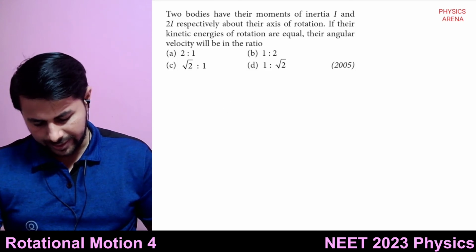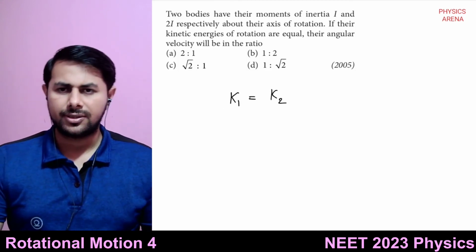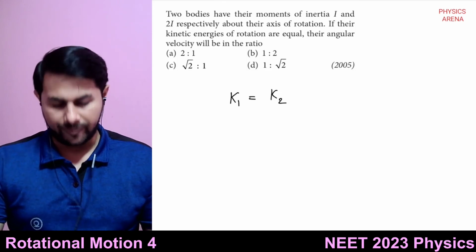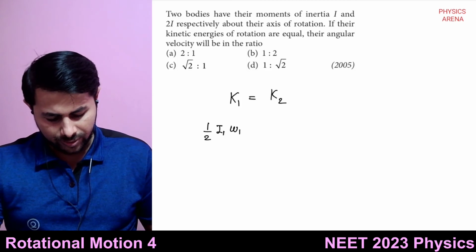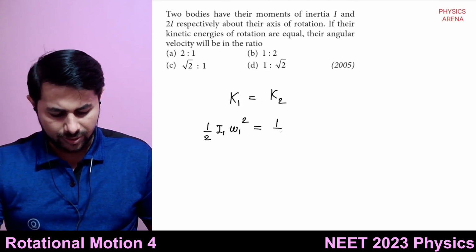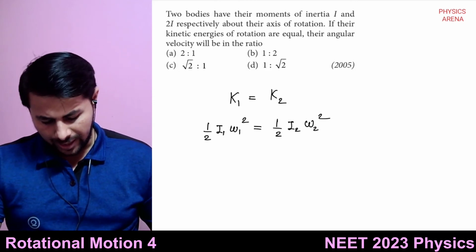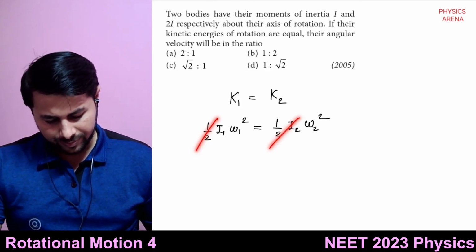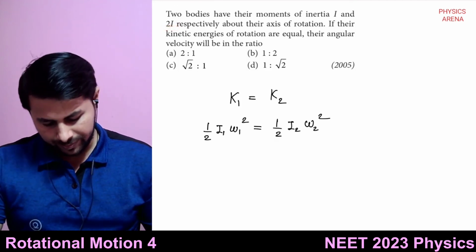So you can say kinetic energy of the first one is equal to kinetic energy of the second body, right? So it is half of I1 into omega 1 square equals half of I2 into omega 2 square. Half will get cancelled, and it's given that I2 is equal to 2 times I1.